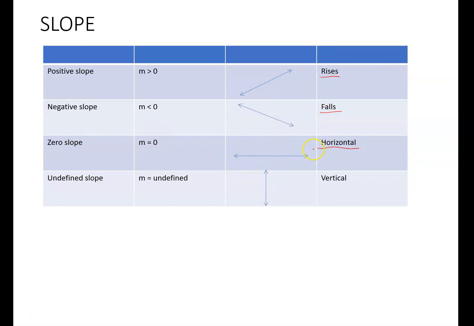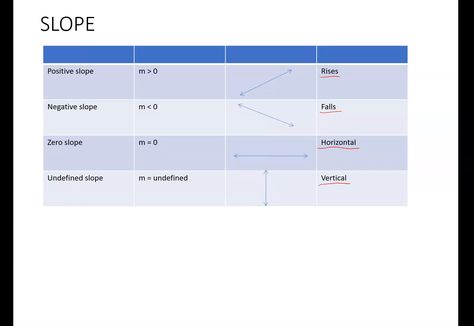So just a horizontal line there. And the last row says if the slope is undefined, the line will be vertical. Now these bottom two you probably want to memorize so that you do not get the two mixed up.